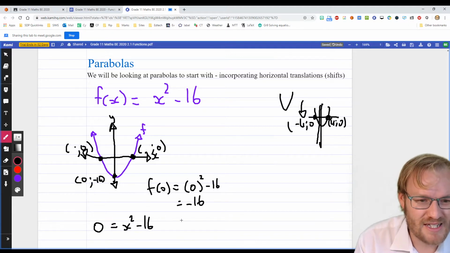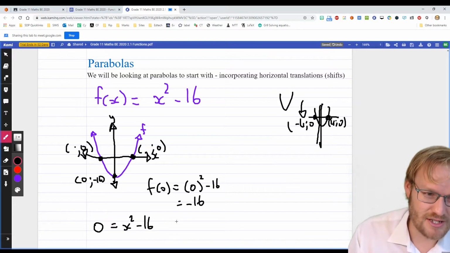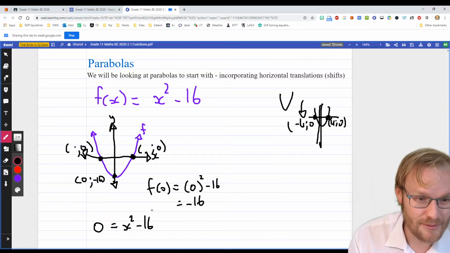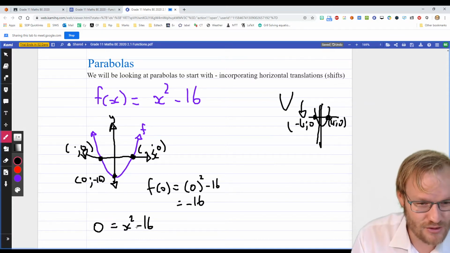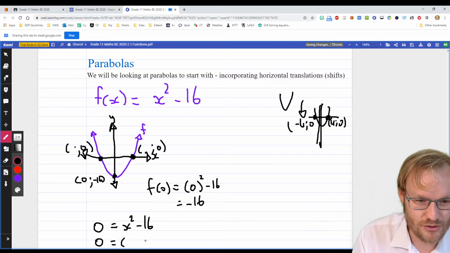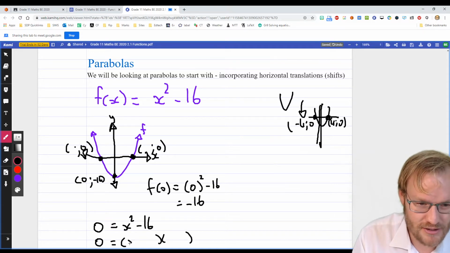And now we've got an easy quadratic, and this is how we started our year. Remember, we were solving these types of equations, and I said, think of the parabola. This is y. So we could add 16 to both sides, or we could factorize. I'm going to factorize. x squared minus 16, difference of two squares. Well, bracket, bracket, x, what times what?